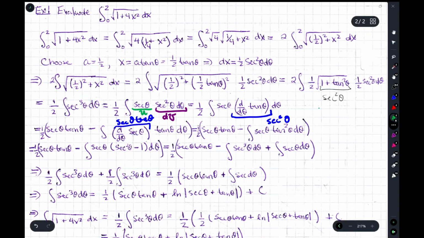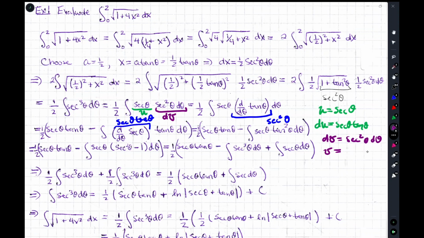If u is secant theta, then du is secant theta tan theta, and if dv is equal to secant squared theta d theta, then v is equal to tan theta.